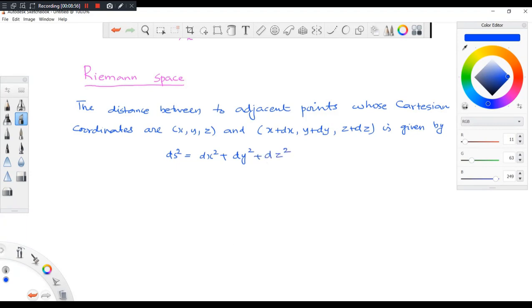Okay, so this is usually called the distance formula, and it also has a name, the metric.